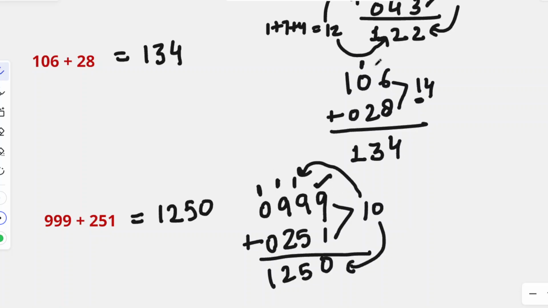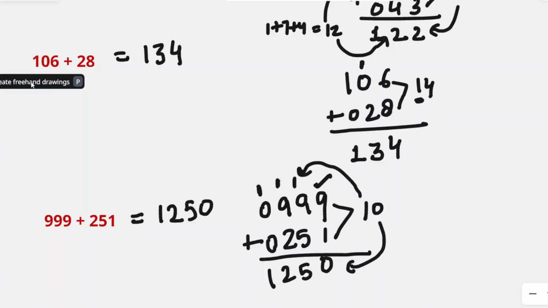Here we had only one digit regrouped and here regrouping happened multiple times. So the process will remain exactly the same. Nothing changes. The number that you are adding may have 2 digits, may have 3 digits, might be a 4 digit number or a single digit number. Don't worry how many digits it has. The process will be exactly the same.